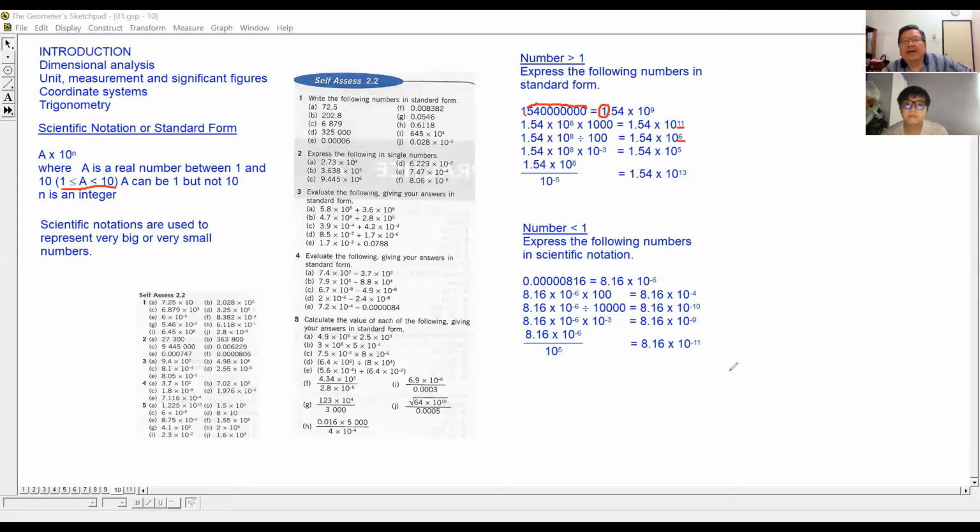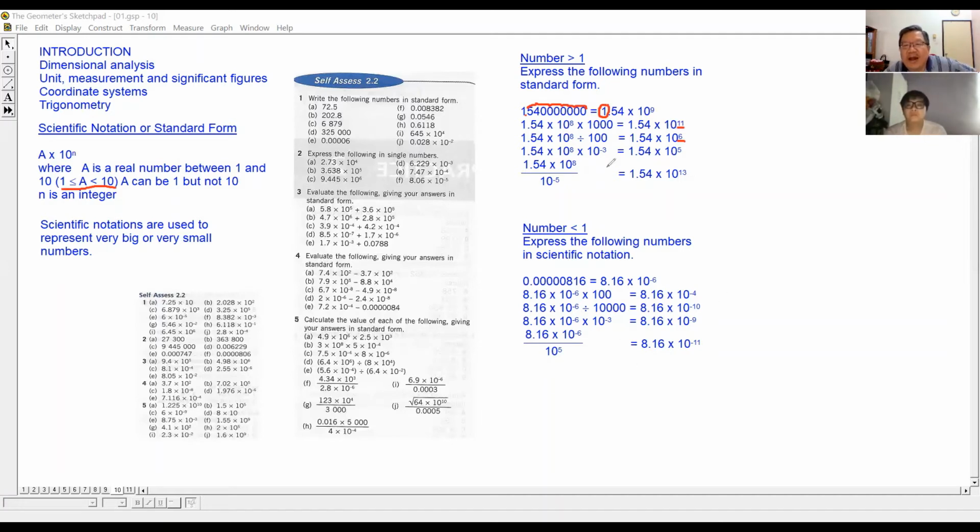Okay. Then we're going to multiply this number, 1.54 times 10 to the power of 8, with 10 to the power minus 3. Multiplication is just adding up the indices. This is the law of indices.